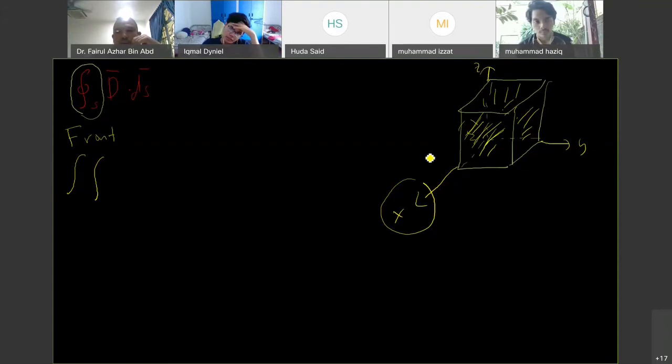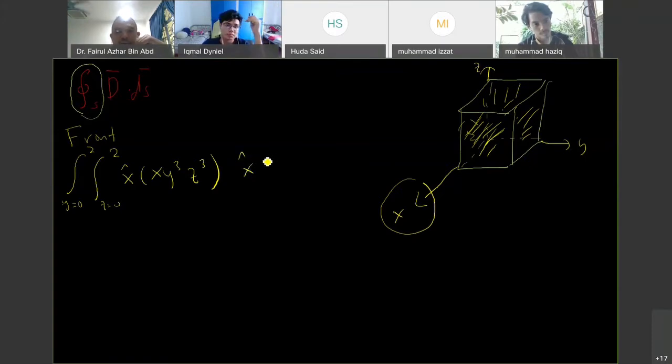So we perform this integration in the y and z variables, with y from 0 until 2 and z from 0 until 2. We have the expression for D equal to x cap times x y power of 3 z power of 3, dot with x cap dy and dz.